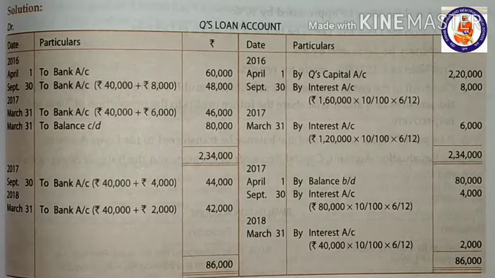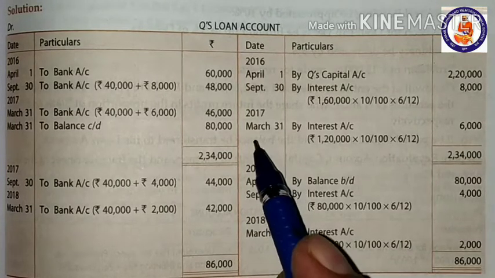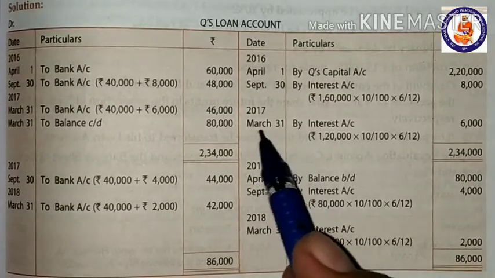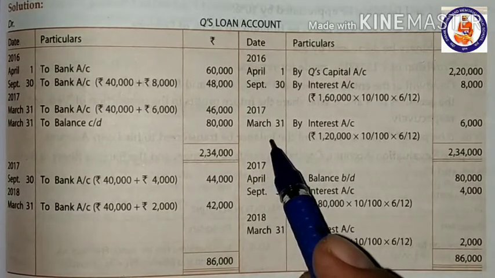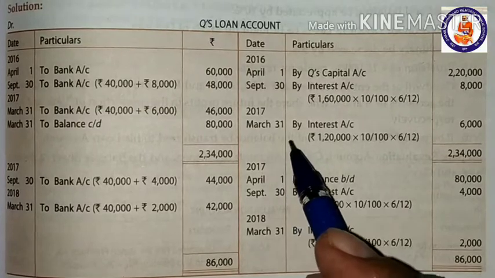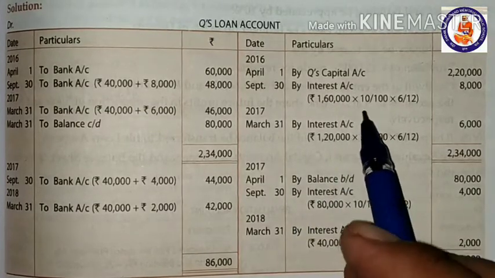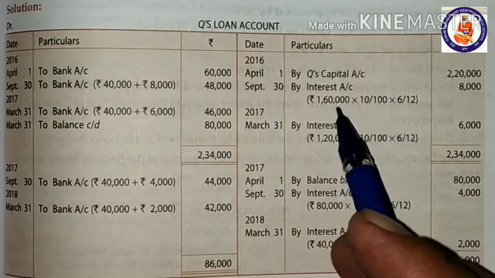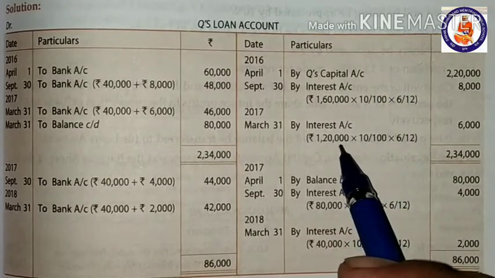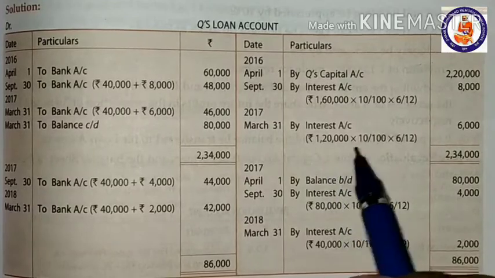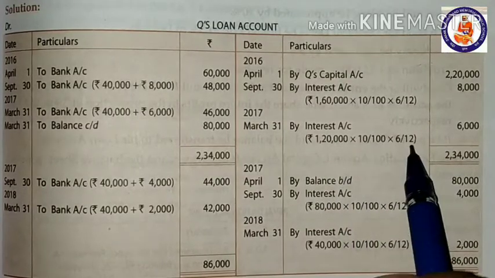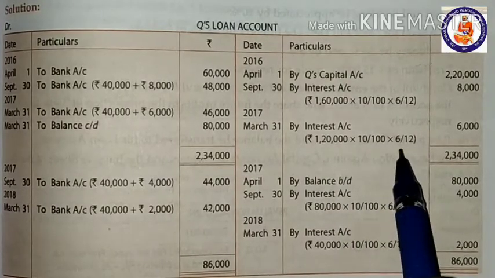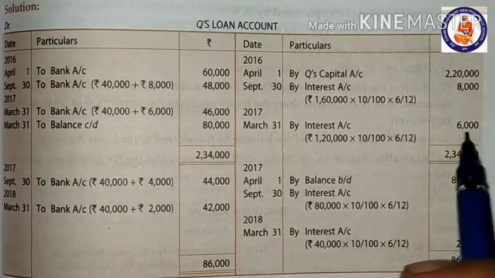The next date of payment, after 6 months, falls on 31st March 2017. Here again interest will be charged on which amount? Out of this 1,60,000, 40,000 was paid, so 1,20,000 remains. On this 1,20,000 at the rate of 10%, 6 months interest will be charged, that is 6,000 rupees.